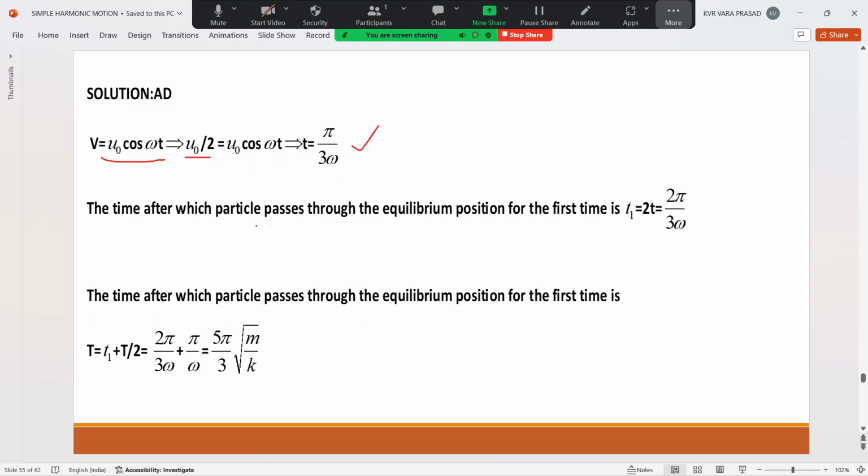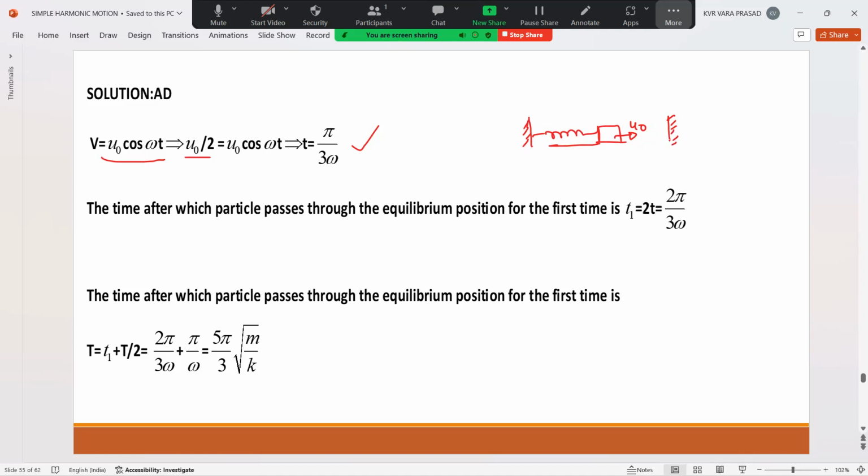I am making a diagram here to make it clear. There is a rigid wall, a spring and a block. Velocity given u0. There is a wall here.